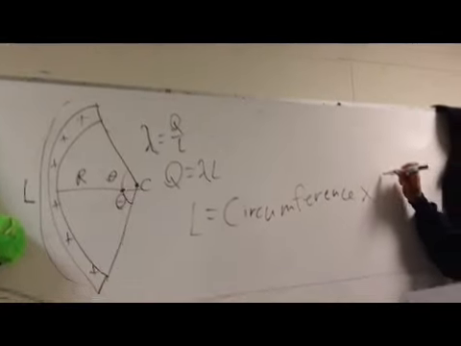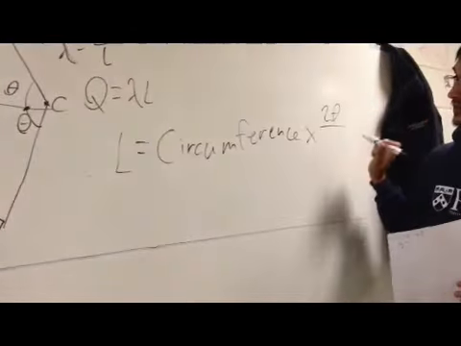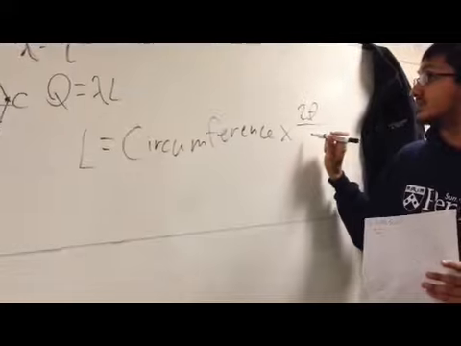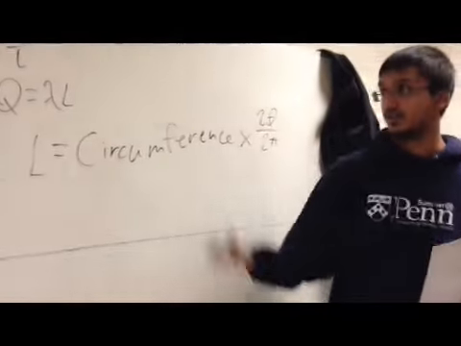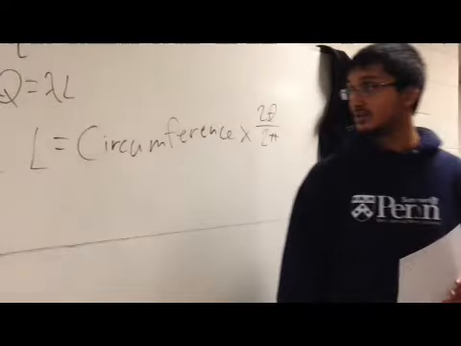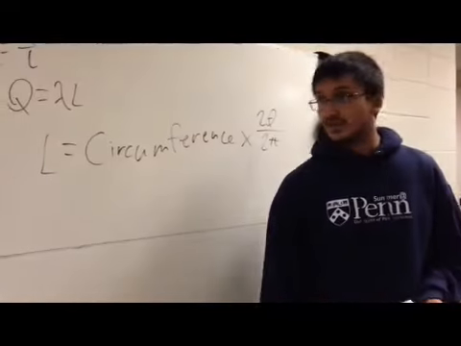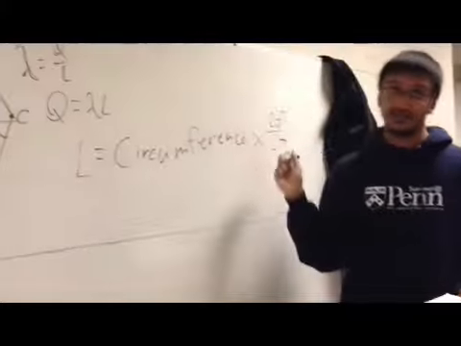That would be 2 theta over 2 pi, because there are 2 pi radians in a unit circle.